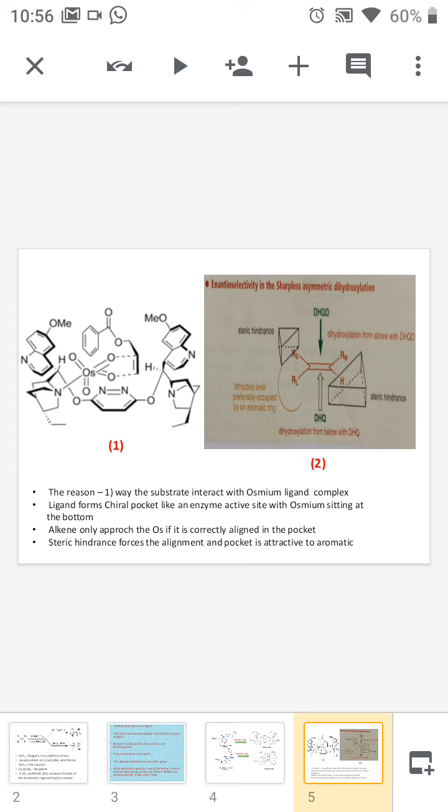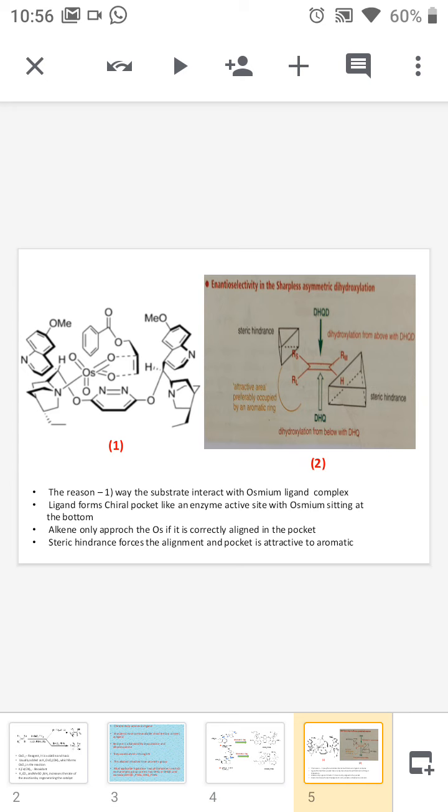The way the substrate interacts with the osmium ligand complex will determine the final oxidation of the alkene, and the ligand forms the chiral pocket like an enzyme active site.